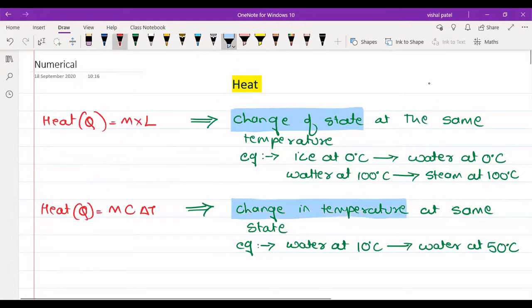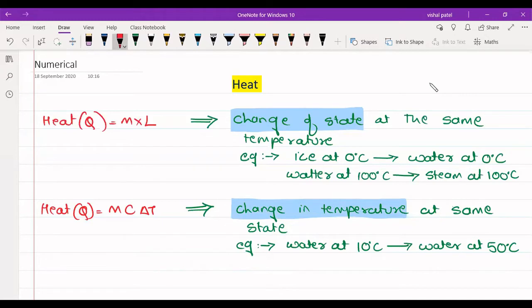Whenever there is a change in temperature, you have to use M into specific heat. C stands for specific heat, and delta T means a triangle and a T, that means nothing but change in temperature. We'll do the examples, you will come to know. Means what?